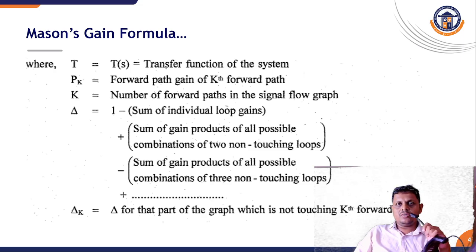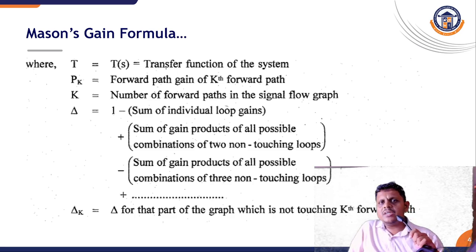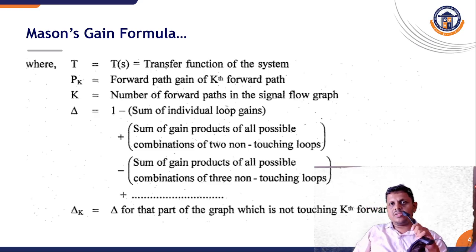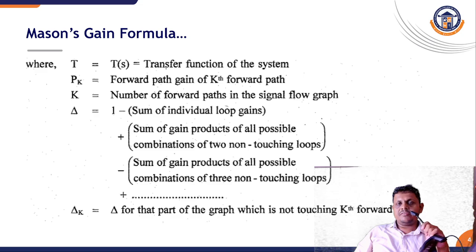Delta is determined by the formula delta equal to 1 minus the sum of individual loop gains, plus the sum of gain products of all possible combinations of two non-touching loops, minus the sum of gain products of all possible combinations of three non-touching loops, and so on. Delta k is equal to delta for that part of the graph which is not touching the kth forward path. So these are the parameters for determining the transfer function using Mason's gain formula.